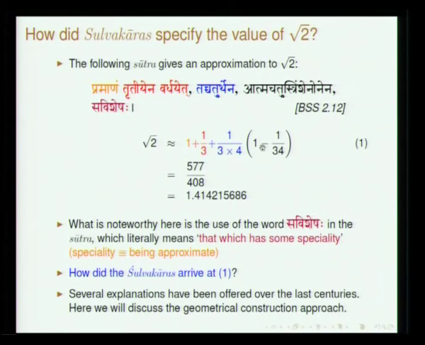Chatustrimsha is 34, vuna is subtraction, a negative kind of thing. So, you have to subtract 1/34 of that. The atma here refers to 1 by 3 into 4. You have to subtract this, and the word savishesha, as I was mentioning, means it is not the exact value. Savishesha is sort of an approximate value.